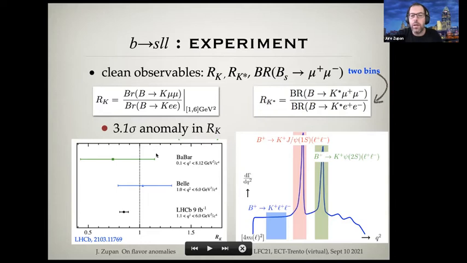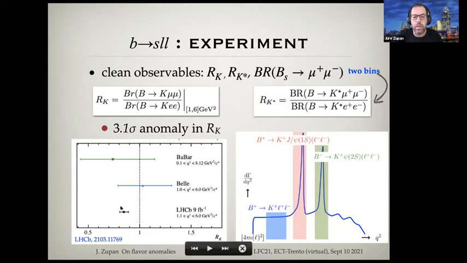The measurements are in bins of 1 to 6 GeV and in 2 bins of B to K star. If you look over the full spectrum, there are resonances that are cut out, and you sit below the resonance and you measure in a region where you're significantly above the threshold.